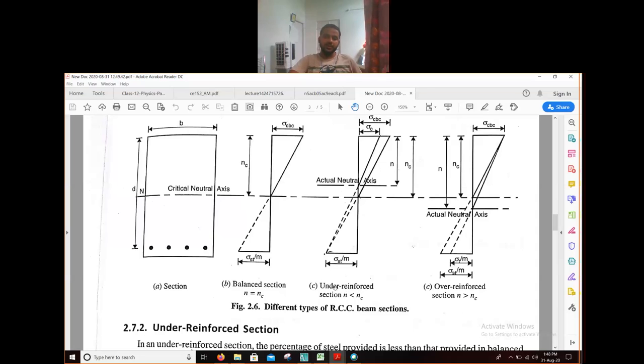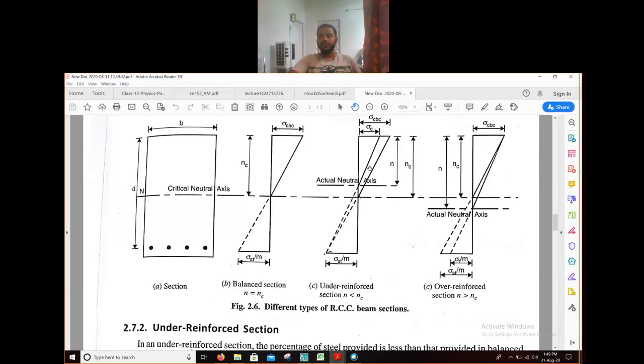Under reinforced means whatever reinforcement is needed in a balanced section, you are providing less than that amount of steel. In that case, our steel will fail first, but at that time the maximum stress in concrete will not be attained. If you are using mild steel, at the time when the stress in the steel is 140, the value of sigma CBC will not be equal to the permissible value.